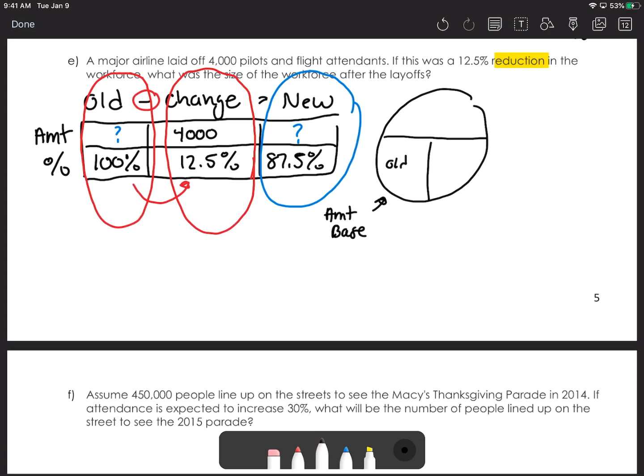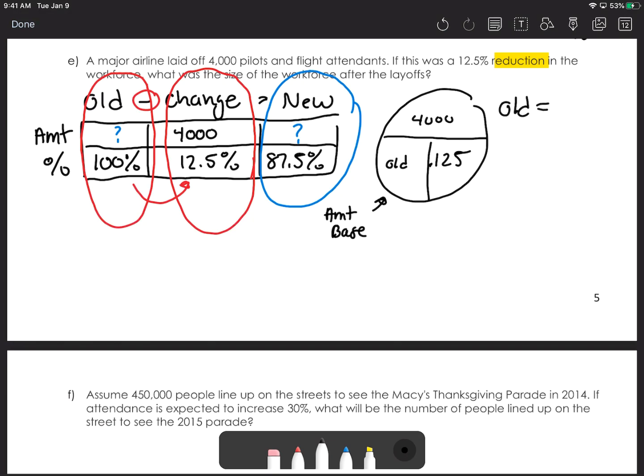So I'm just going to label that as old and leave that in there. We do know that the change is 4,000 and the percent for the change is 12.5. So when I put that in as a decimal, it's going to be 0.125. So what we're doing in this circle is we're solving for the old.